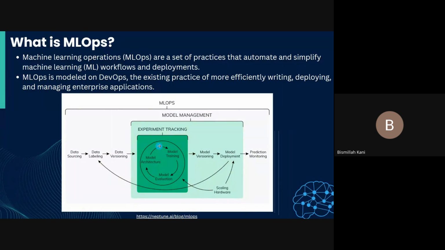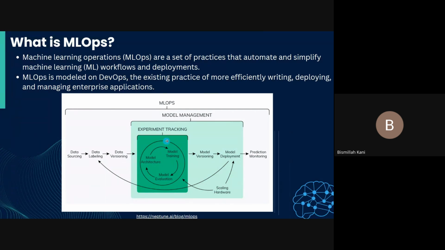And that is where an important tool comes into use, which is an experiment tracking tool. An experiment tracking tool is very essential in order to manage all these experiments that you do to come out with the best model that suits your use case.